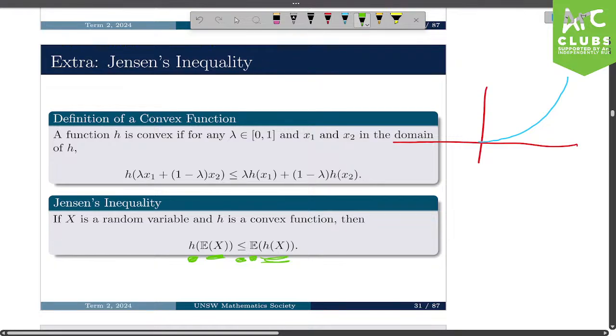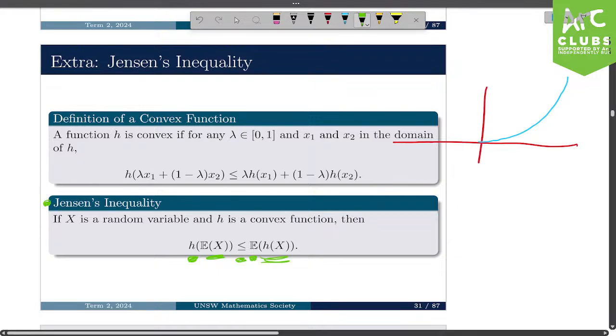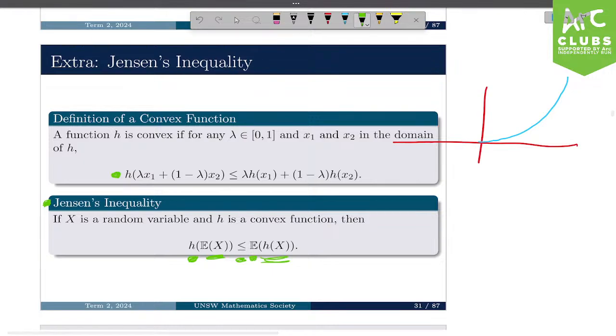For this, I'm going to refer you to Wikipedia, because they try to do a visual proof of this, and it's a really interesting read, but I don't think it is good for this format, especially since we're so time limited. So maybe give that a little read after the seminar. Just look up Jensen's inequality on Wikipedia. Definition of a convex function. I guess we're just going to skip that for now. It's not too important.